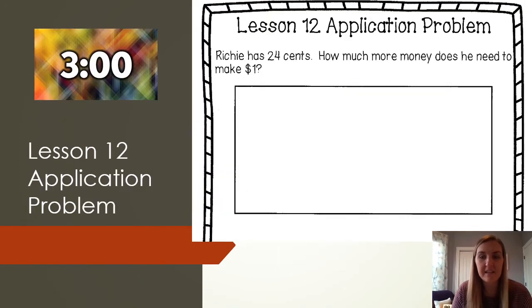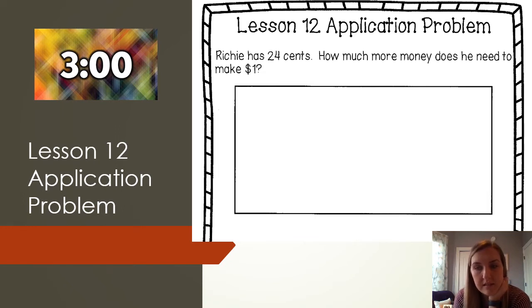All right, scholars, it's application problem time. Lesson 12, application problem. Richie has 24 cents. How much more money does he need to make $1? I see 24 cents and then $1. $1, remember, can be changed to cents.